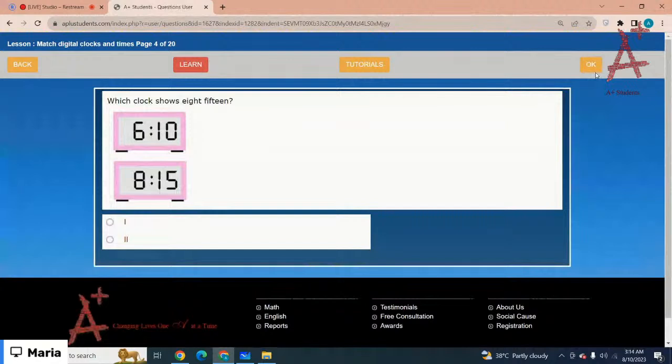Yes, it is 8:15. The second one shows the 8:15, right? The correct option is the second one.